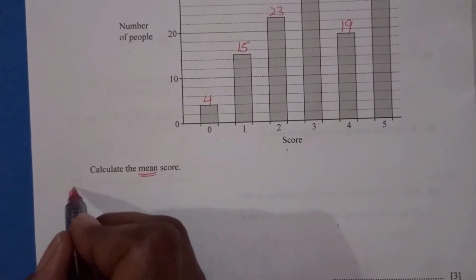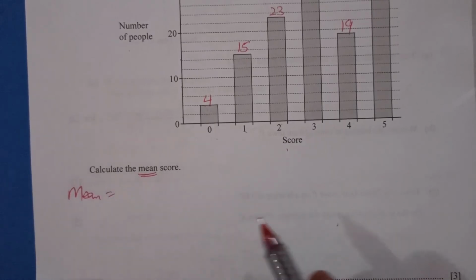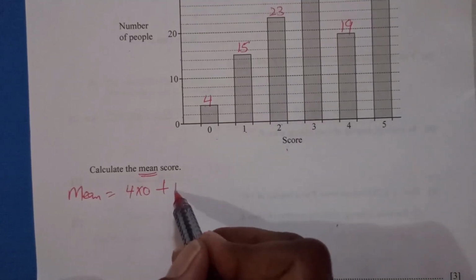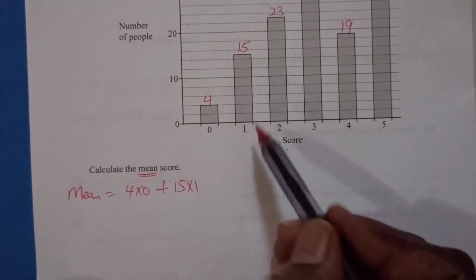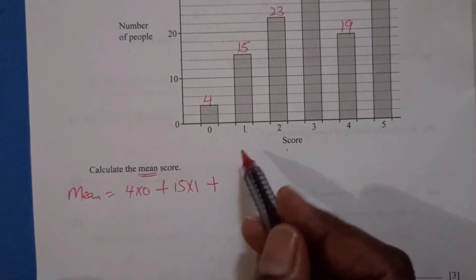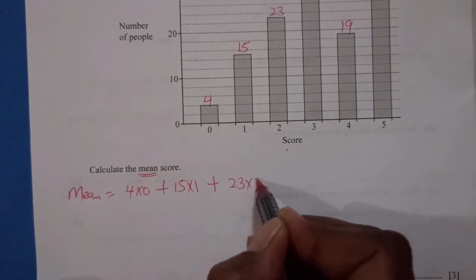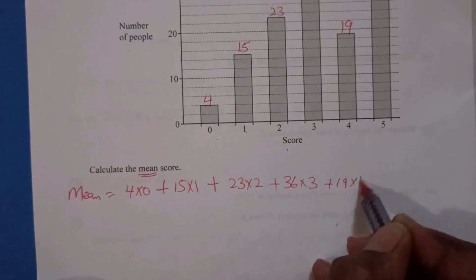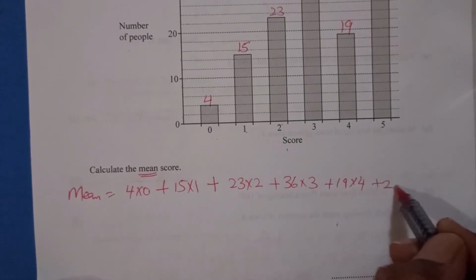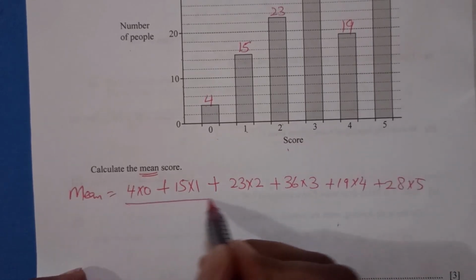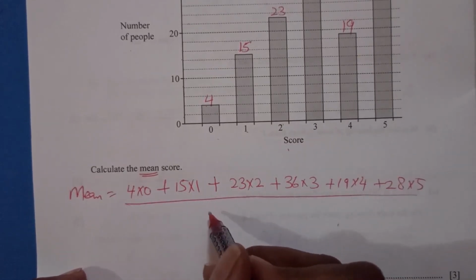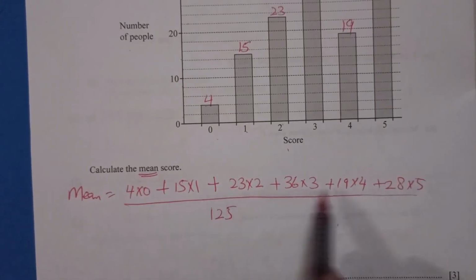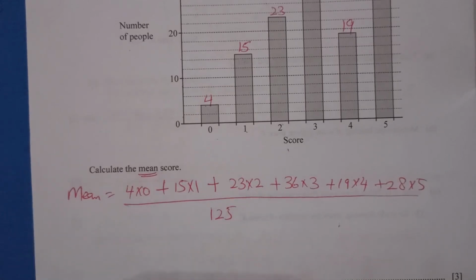For the mean, we have to take 4 times 0 plus 15 times 1, like 15 people give a score of 1, then 23 times 2 plus 36 times 3 plus 19 times 4 plus 28 times 5, and divided by 125, right? So this is sigma fx over the sum of the frequencies.